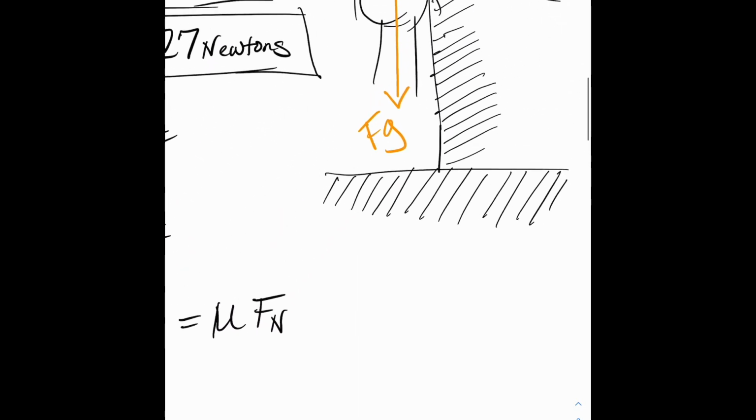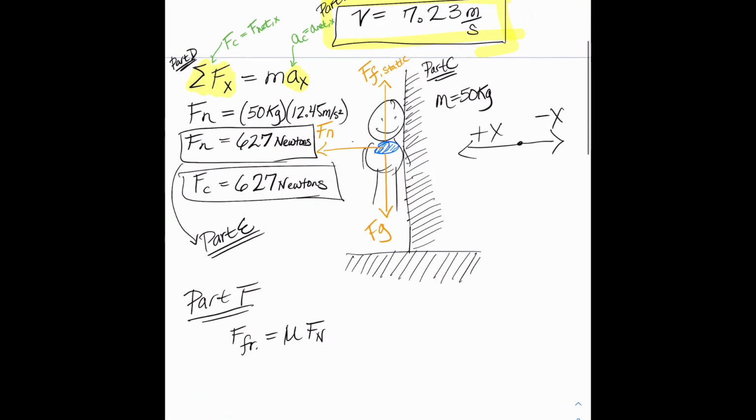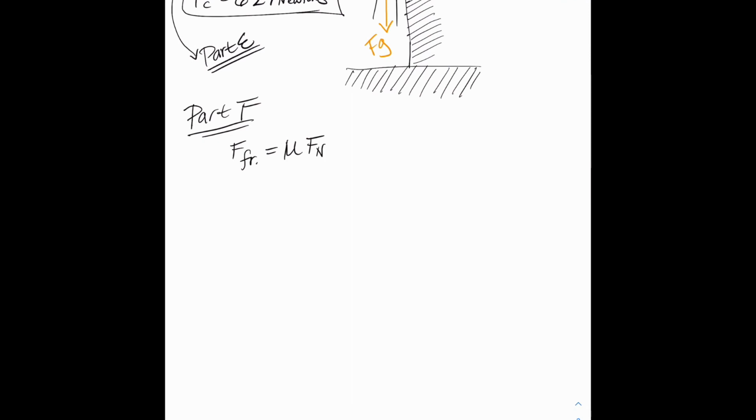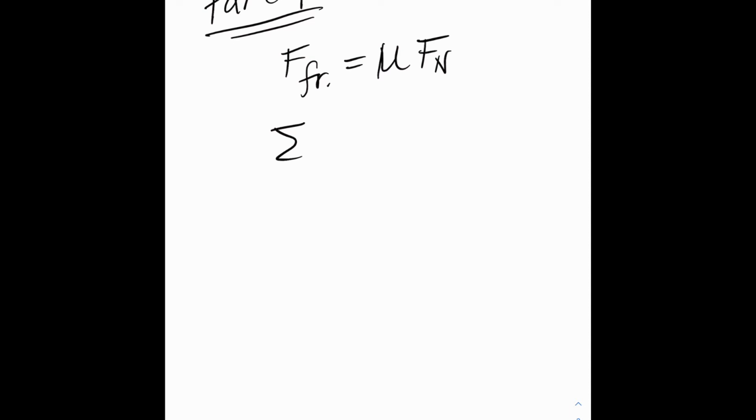But if we just look at this free body diagram, we can see that the minimum frictional force that's necessary to keep this person from falling is going to be enough to oppose force of gravity, right? So the person's weight. So we can just show this just like we would starting an equilibrium problem.